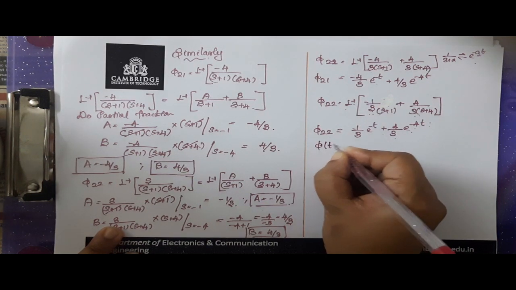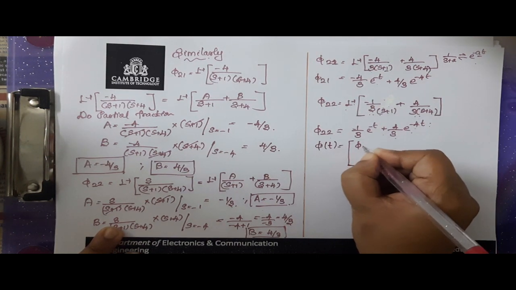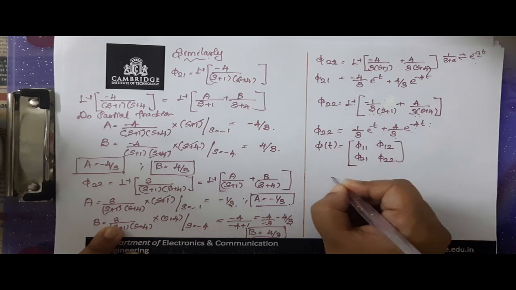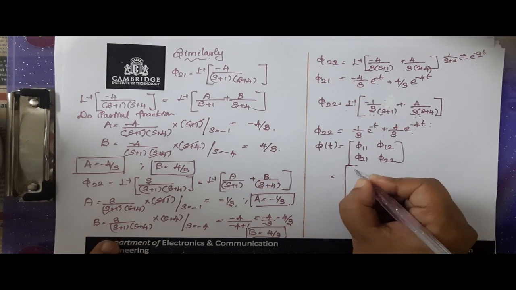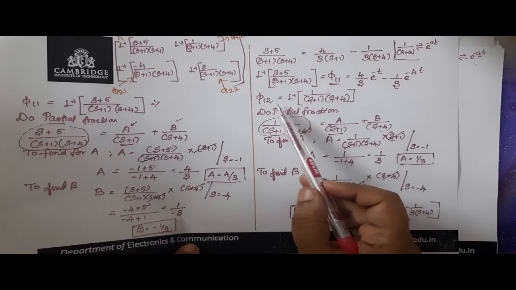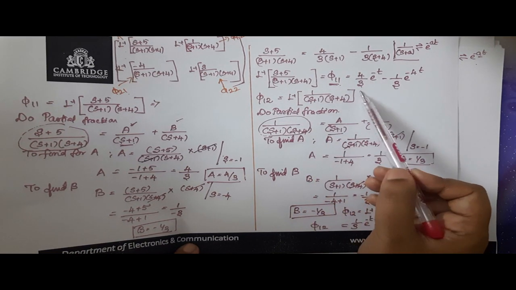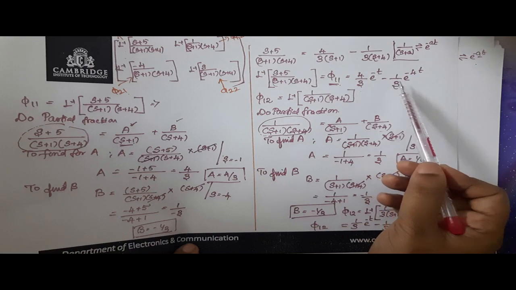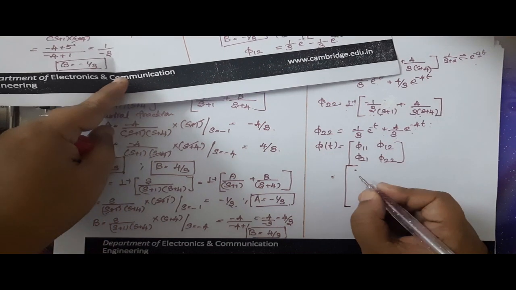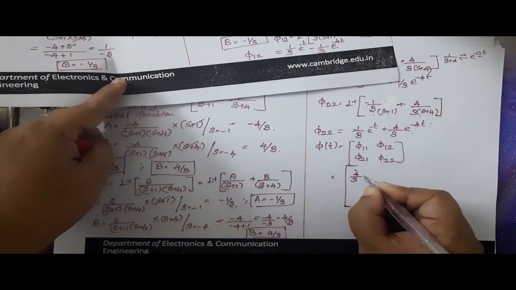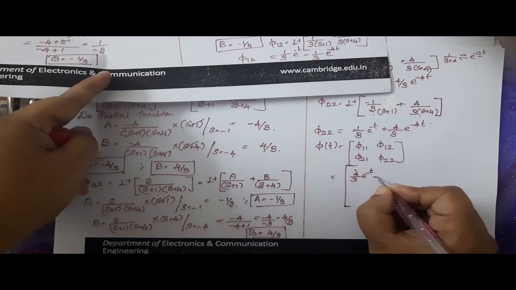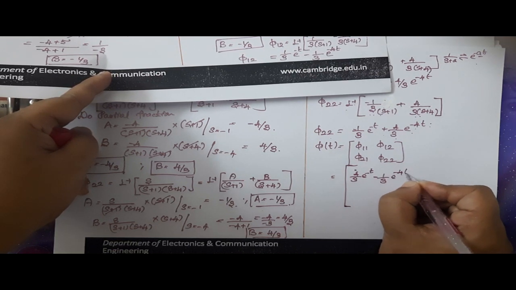Hence, finally I can write the state transition matrix with entries phi 1, 1, phi 1, 2, phi 2, 1 and phi 2, 2, in which phi 1, 1 is given by, we have found phi 1, 1 already, 4 by 3 into e to the power minus t minus 1 by 3 into e to the power minus 4t.